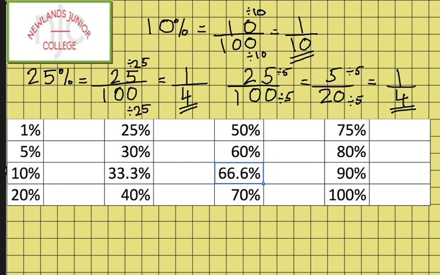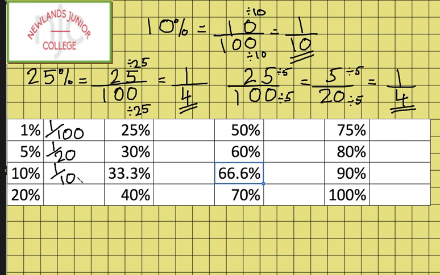Okay, so here are our answers. 1%, well, remembering as we do with all the rest, percent means out of 100. 1% is just going to be 1 out of 100. 5%, well, that would start as 5 out of 100 and does become 1 out of 20. 10%, well, we've done that already.